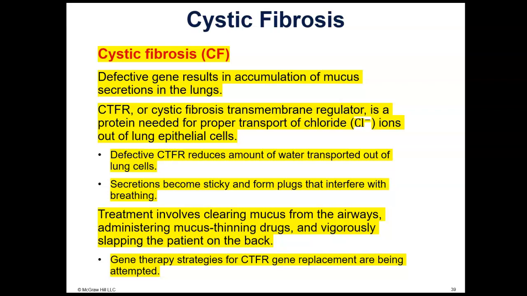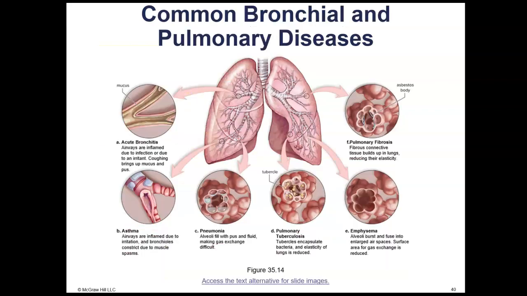They are being attempted, and they've been working on gene therapy for cystic fibrosis for years. I even had a friend who worked on that in medical school, but it's just not been that successful yet.